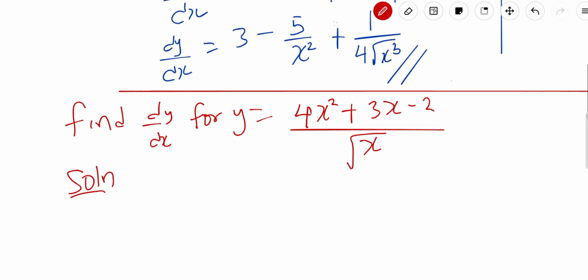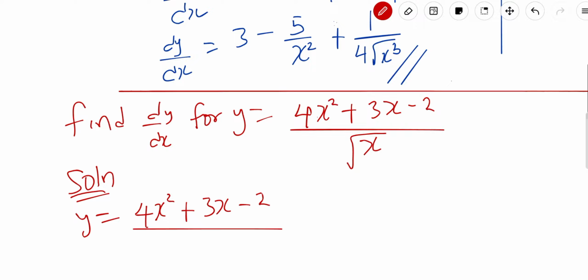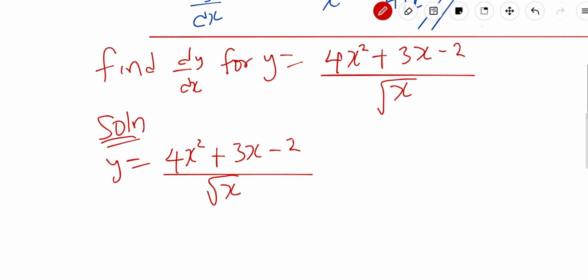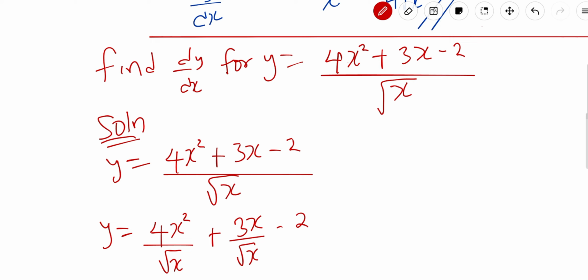To solve this, I can rewrite 4x squared plus 3x minus 2 over the square root of x as 4x squared divided by the square root of x plus 3x divided by the square root of x minus 2 divided by the square root of x.